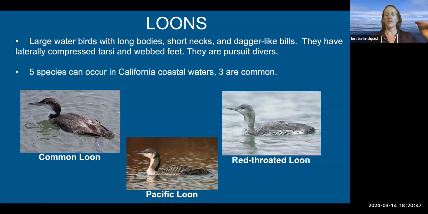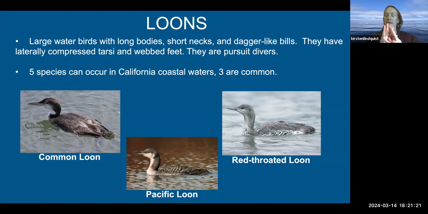So we're going to be talking a lot about the proportions of things, how long something is compared to how tall it is, or how long the bill is compared to how long the head is. So they are long birds with shorter necks relative to other things, and these dagger-like bills. We saw in the field that they have that laterally compressed tarsus. So that's the bone above the foot being very, very thin if viewed from the front.